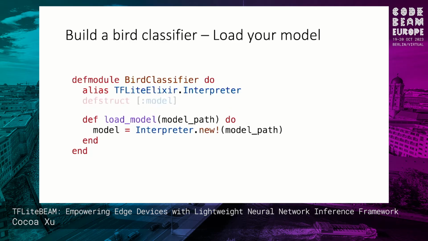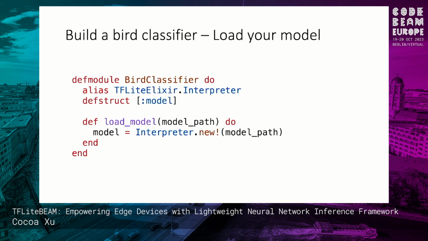After that, we can define a struct for this module, and we will first add one field called model in the struct, and we will save the result to the model field and return the bird classifier for now.